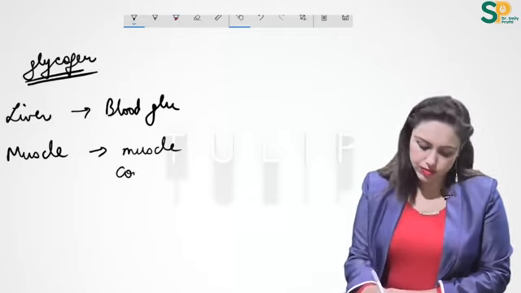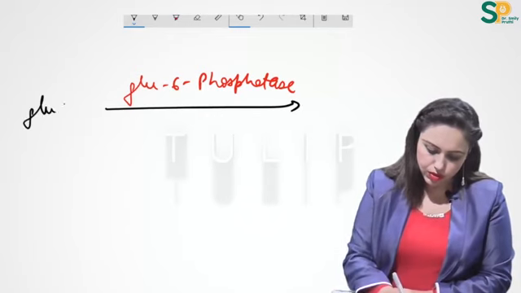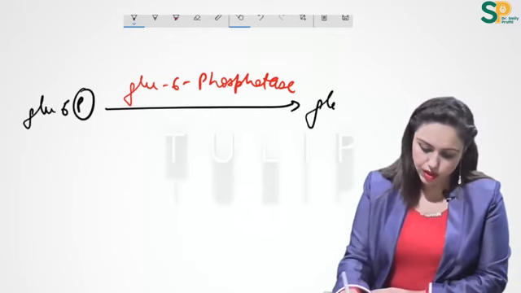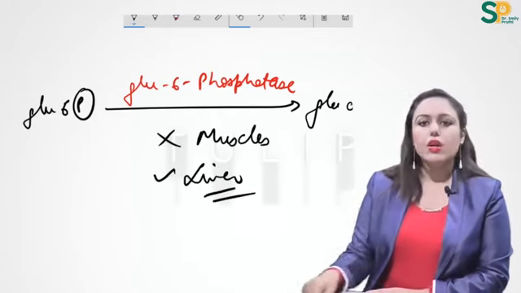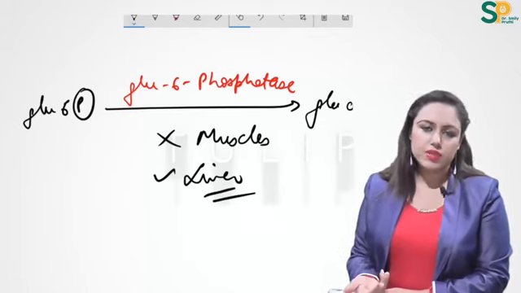So therefore the enzyme glucose 6-phosphatase, this enzyme which converts glucose 6-phosphate to glucose, is absent in muscles and is only present in liver, because we don't require this enzyme in muscles.